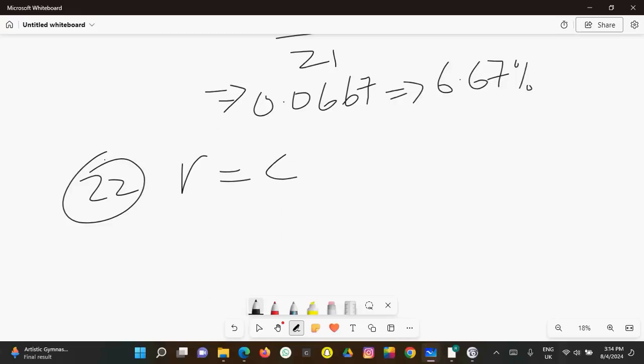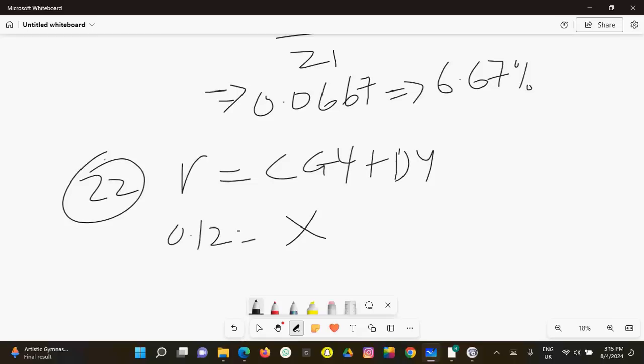R is equal to capital gain yield plus dividend yield, right? R has been given already. They gave us R to be 12%. We don't know the capital gain yield, so we are looking for this.